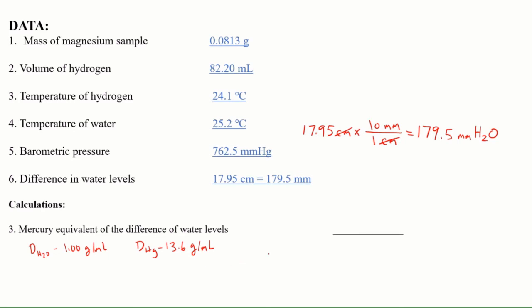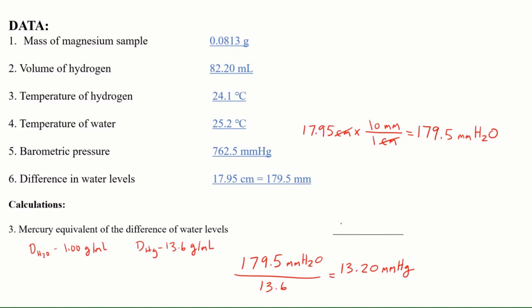Okay, so here what I will do is I will take 179.5 millimeters of water, divide this by 13.6, and this will convert millimeters of water to millimeters of mercury, and I will obtain 13.20 millimeters of mercury.